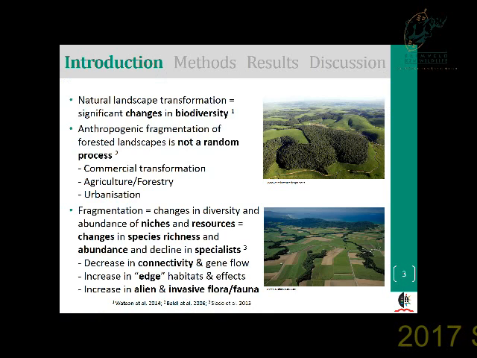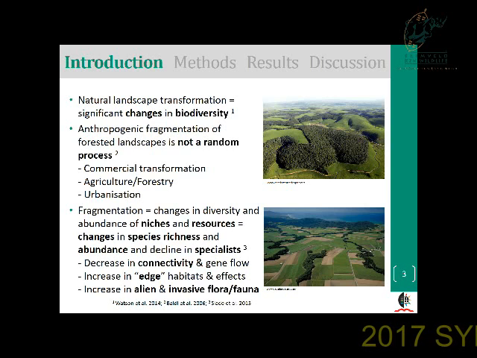So in such a threatened biome, we're seeing significant threats and changes to the landscape. And natural landscape transformation results in significant changes in biodiversity. It's because anthropogenic fragmentation of forested landscapes is not a random process, it's commercially driven for things such as agriculture, forestry, and urbanisation.